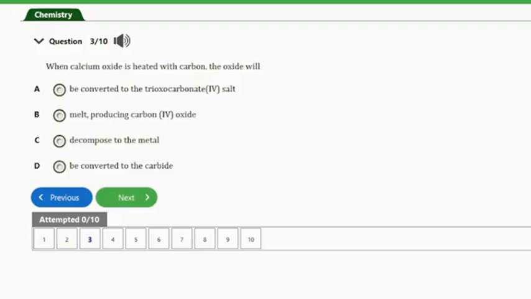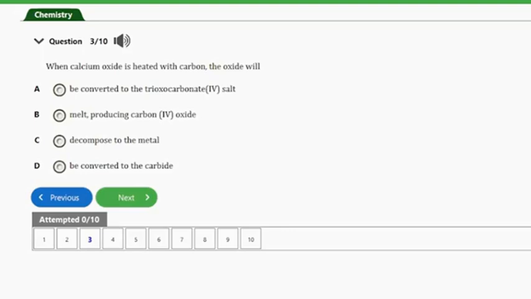Question number 3 here, it says, when calcium oxide is heated with carbon, the oxide will A, be converted to the nitrate salt, B, melt producing carbon dioxide, C, decompose to the metal, D, be converted to the carbide.